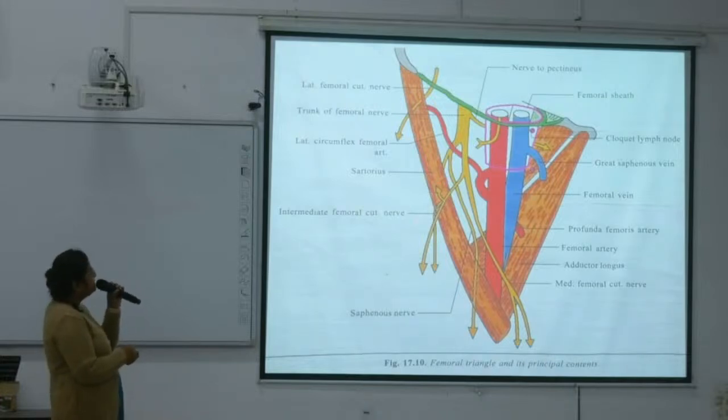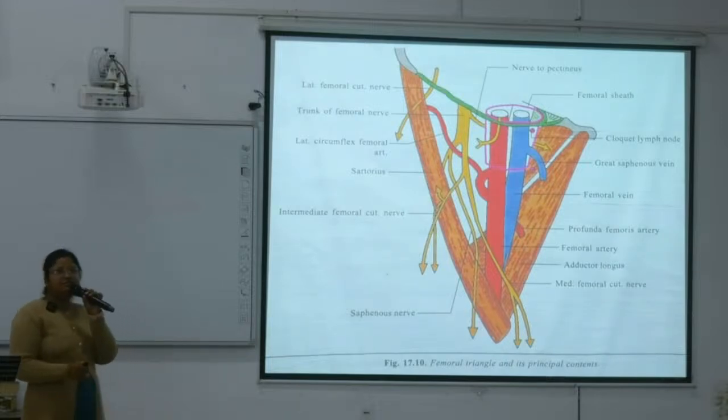This is the intermediate femoral cutaneous nerve piercing the sartorius muscle, and also the muscular branch supplying the sartorius muscle. From the posterior division, going along the artery, this nerve is the saphenous nerve, which is the cutaneous nerve, and muscular branches supply the quadriceps femoris.